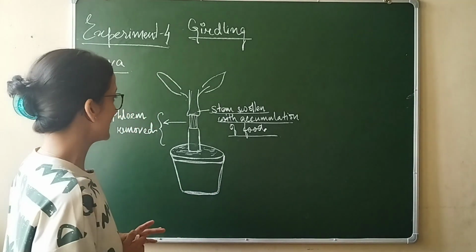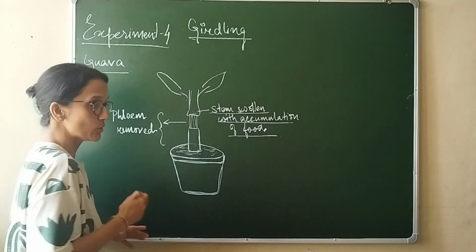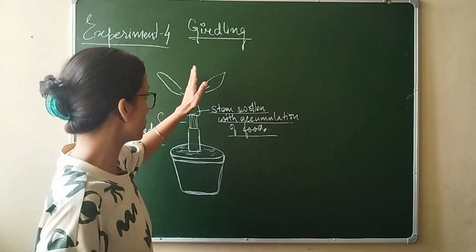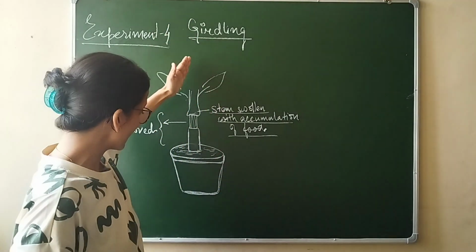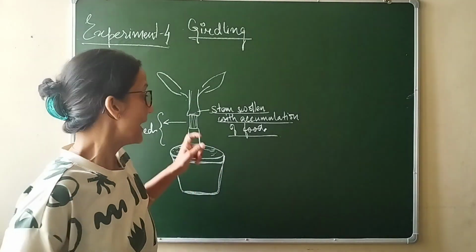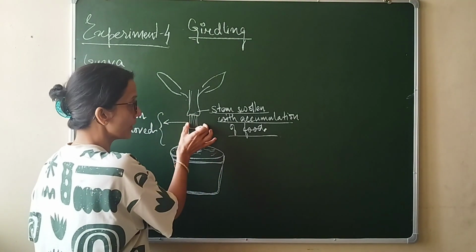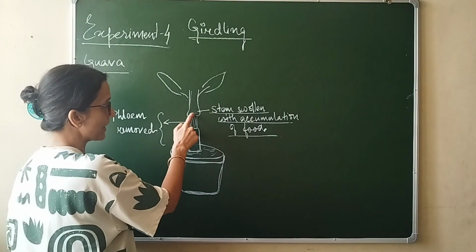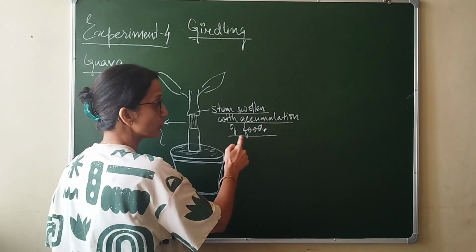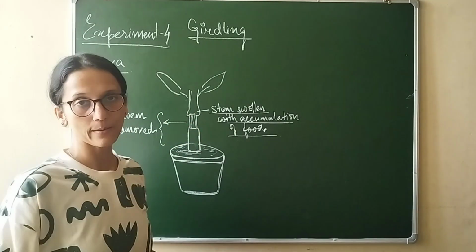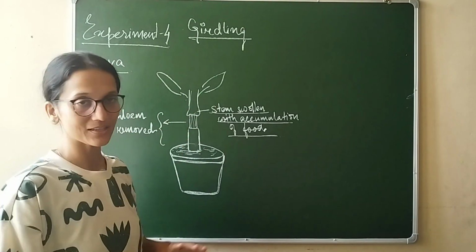Now what basically is happening here is, in the plants, due to the process of photosynthesis, food is manufactured. Now this food goes to parts which are higher above it as well as to the parts which are below it, that means to the root and to the lower half of the stem. Now here, since we have removed phloem, that passage of food is obstructed, as a result of which this part of the stem is swollen with the accumulation of food. The food will accumulate here, but because of the absence of phloem, it will not be passed down.